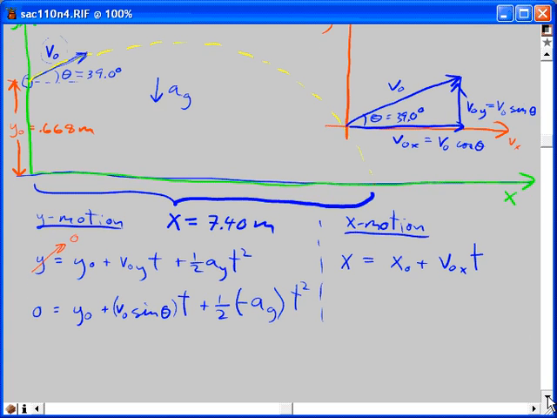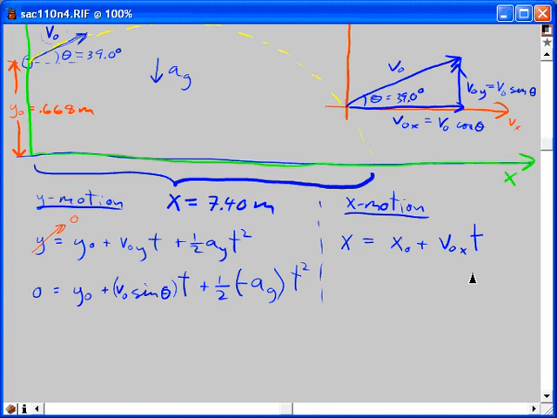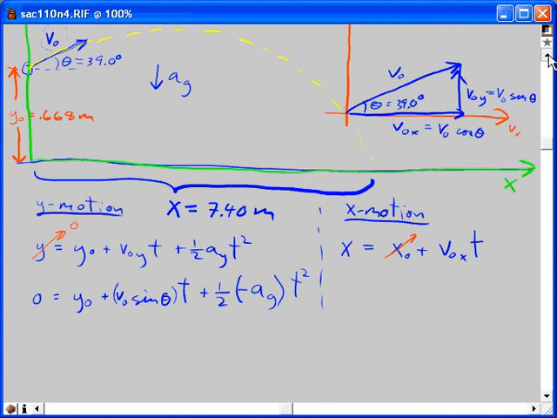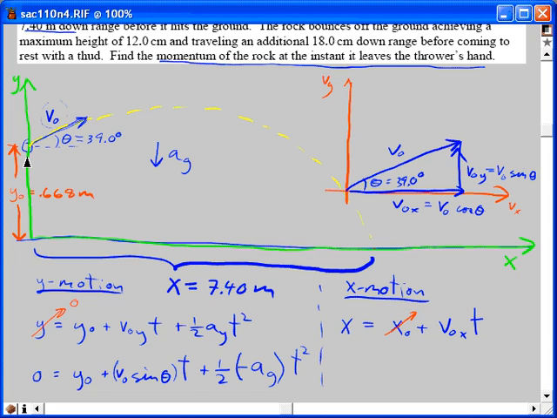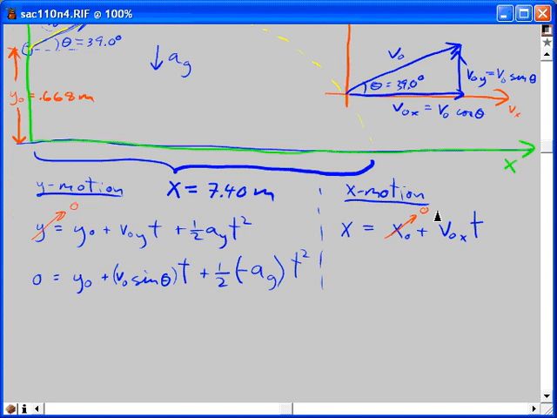You can add on plus 1/2 a sub x t squared if you want, and then cross it out. But for the x motion, we know we have no acceleration, so I'm going to start without it. And I chose a coordinate system for which x0 is 0. So the initial position of this object, x0, y0, is equal to 0, 0.668 meters. So this is a 0, and this makes this relatively simple.